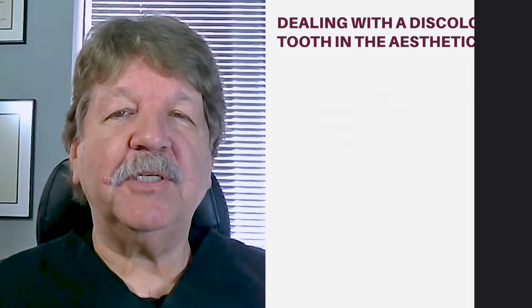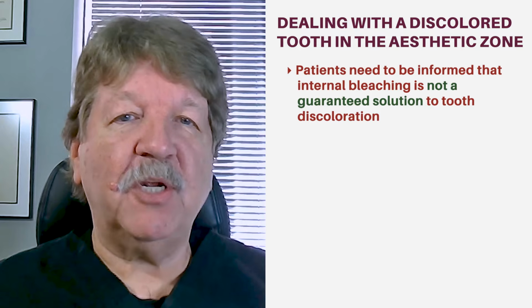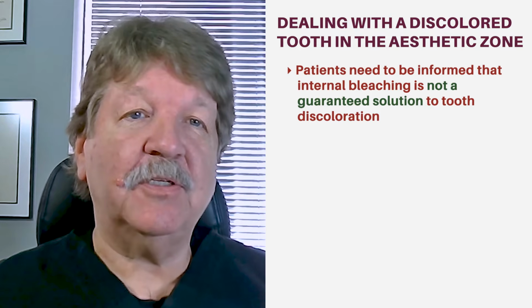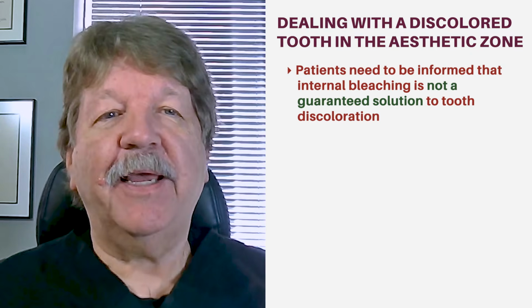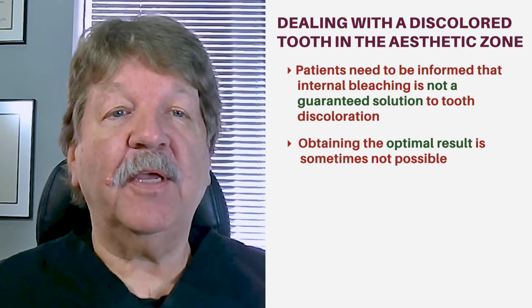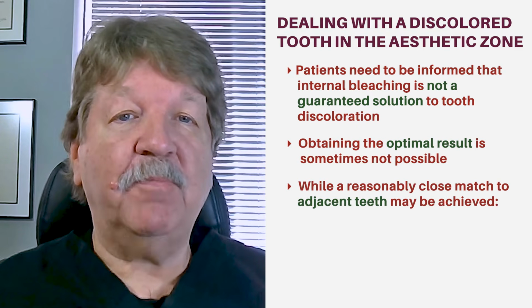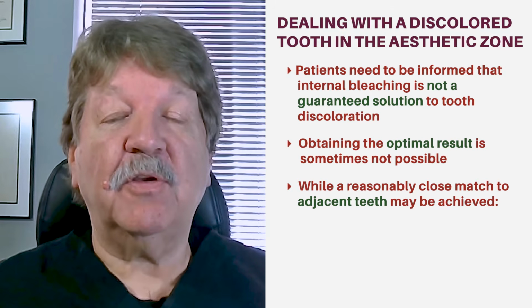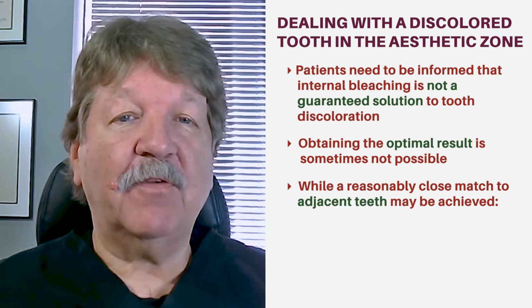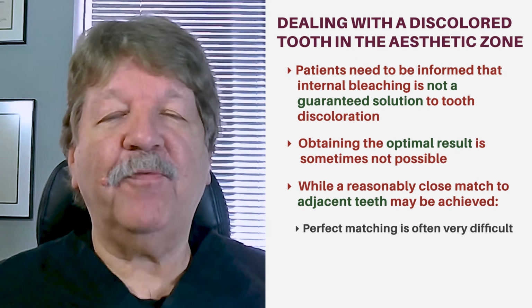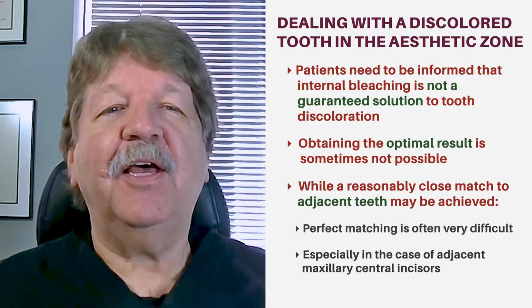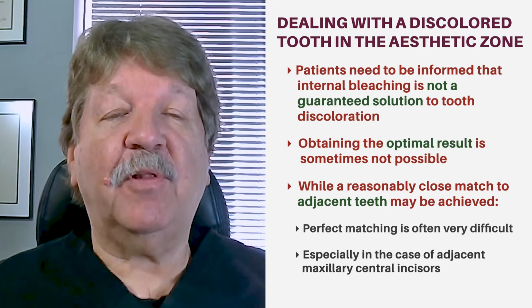So how do we deal with the discolored tooth in the aesthetic zone? Patients need to be told that internal bleaching procedures are not a guaranteed solution to tooth discoloration, and that obtaining the optimal result is sometimes not possible. While we may be able to obtain a reasonably close match to their adjacent teeth, it's often very difficult to obtain a perfect match, especially in the case of an adjacent maxillary central incisor.